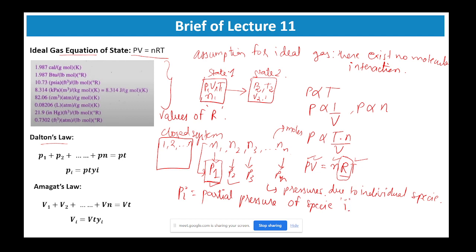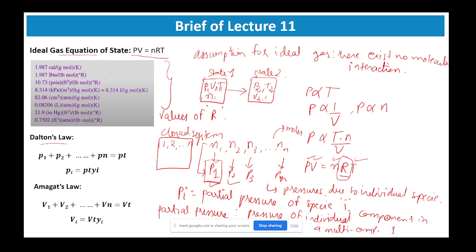Okay, so partial pressure is nothing but the pressure of an individual component in a multi-component system.